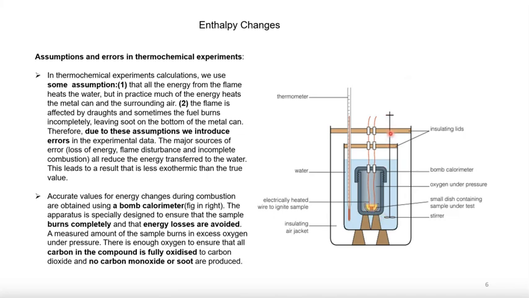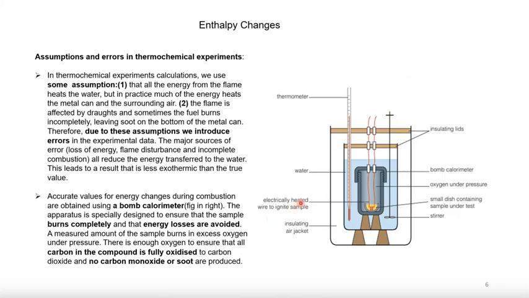Here we have a stirrer, and here we have a thermometer, and this is an insulating jacket. This one is the insulating lid.